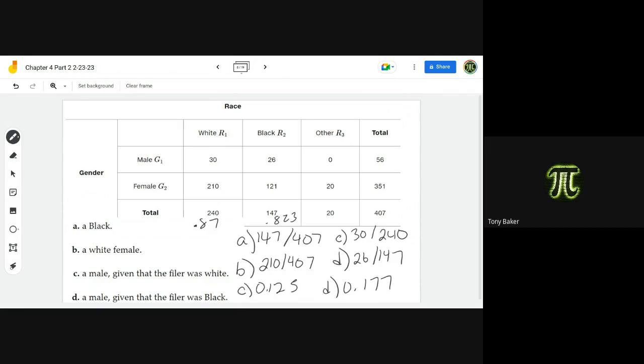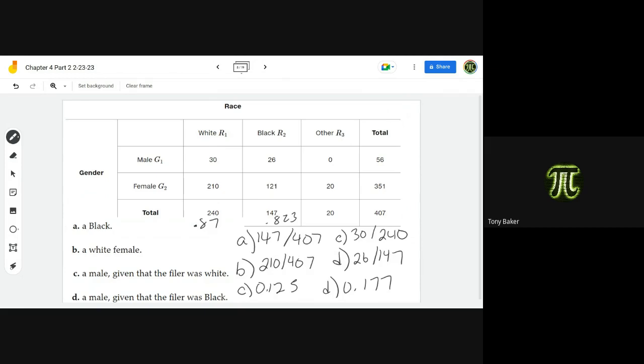So if you're just looking at numbers, so forget probability, totals, and stuff like that, the percent of protective orders that were granted for white men is 0.125.